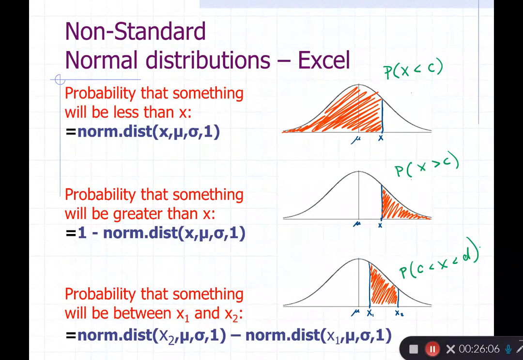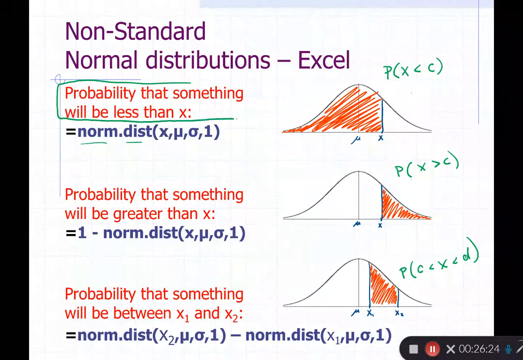Now the function in Excel is NORM.DIST, so normal distribution. And remember, the probability that something will be less than x is equal to the area to the left of x.